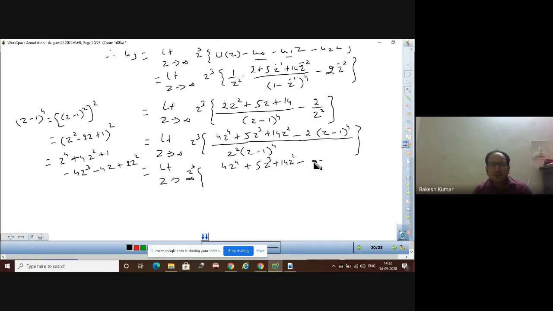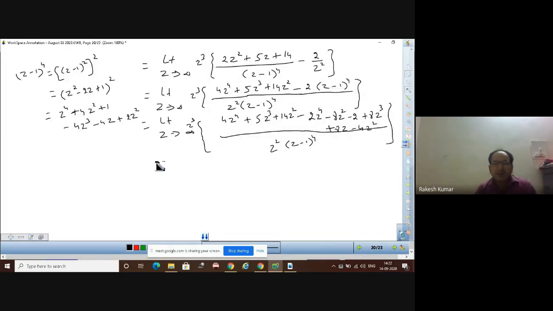So minus 2 will be multiplied: minus 2z4 minus 8z square minus 2 plus 8z cube plus 8z minus 4z square, and it is divisible by z square into z minus 1 raised to the 4.